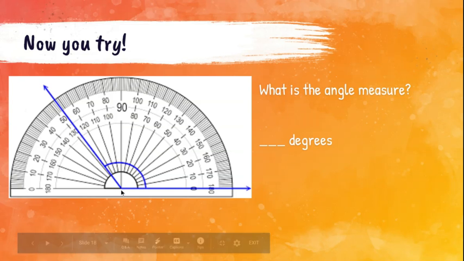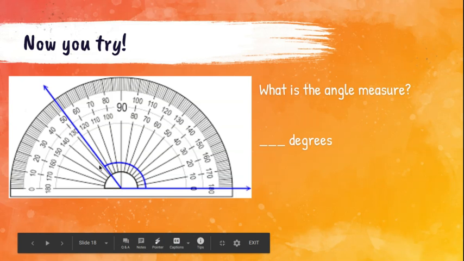What you're going to do is you're going to look at this protractor. Obviously, you have an obtuse angle right here. So you know that an obtuse angle, just by looking at it, it is wider, so we know that it's going to measure more than 90 degrees. This is going to be greater than 90. So you have a line here which is 0. That's not what your measure is going to be. You're going to measure what this line is right here.